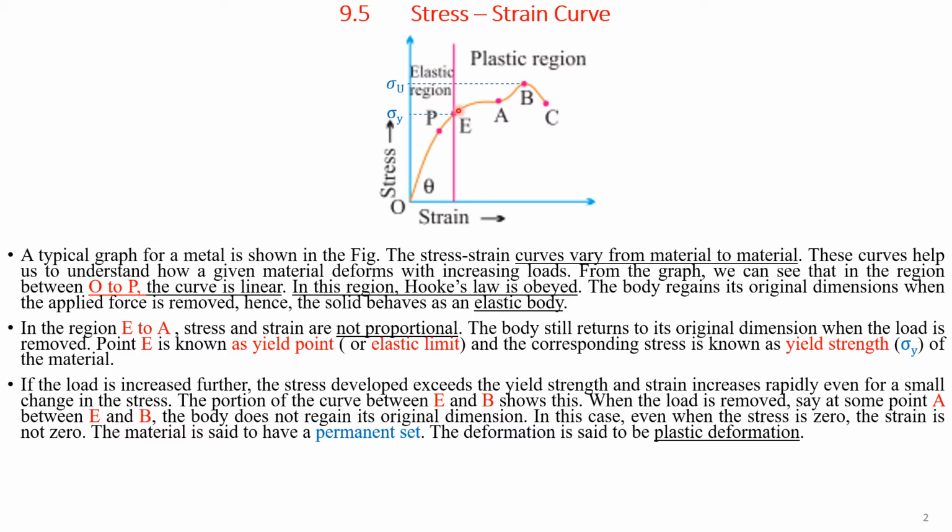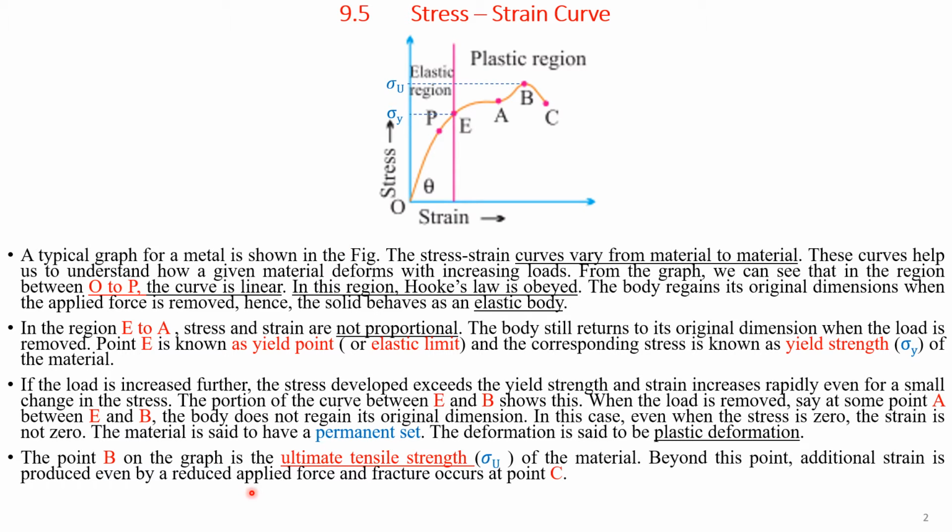In this case, even when the stress is zero, the strain is not zero. The material is said to be permanently set, that is, at this point A. The deformation is said to be plastic deformation. So the region towards the right is the plastic region and to the left is the elastic region.